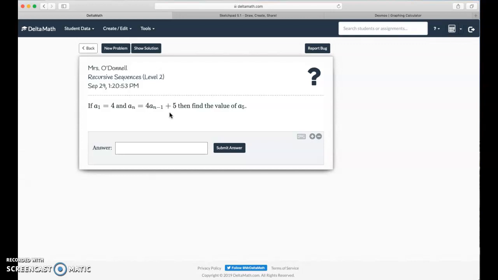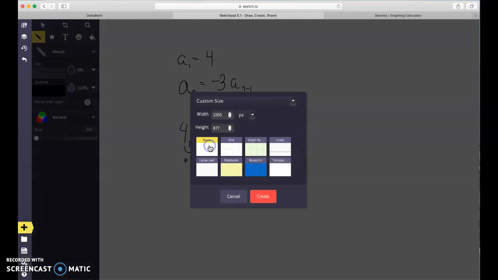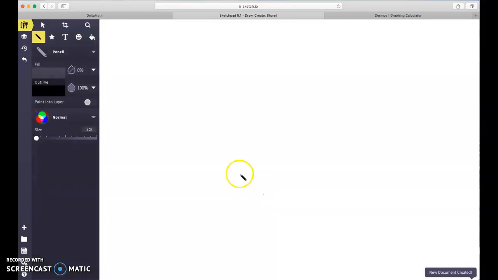Our first term is 4, and the sequence we're going to follow is 4 times a sub n minus 1 plus 5, or 4 times the previous term plus 5, and they want us to find the fifth term. All right, so I'm going to hop over to my sketch pad, get a new pad going.